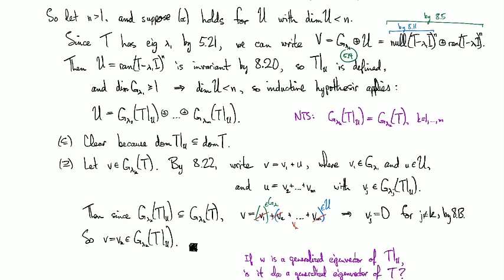So this is the question that you get by restricting your attention to just some subspace. And you say, hey, if things work there, then what happens when we throw in the rest of the vector space? Are things still behaving? And the answer is yes, because things acting under T stay in their own respective generalized eigenspaces.